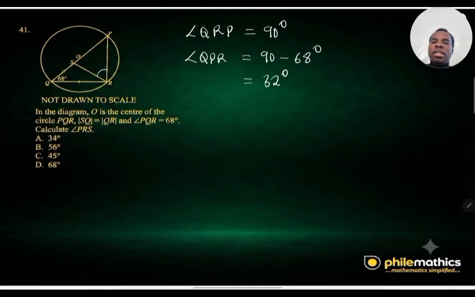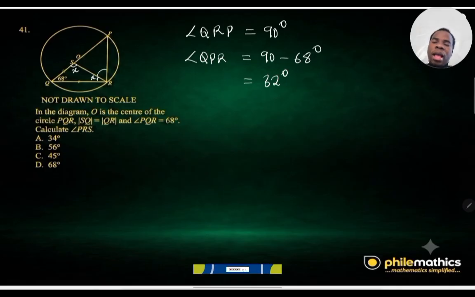Now that we have gotten angle QPR, we now use the statement line SQ equals line QR. This tells us that this angle also is the same as this angle. If they are the same, let's call them X.